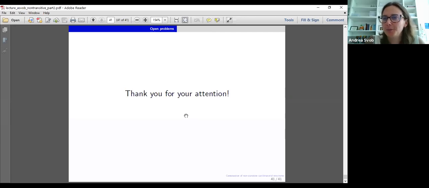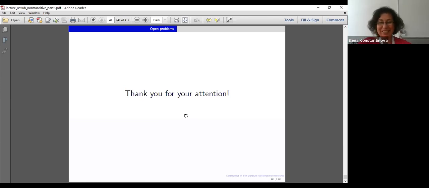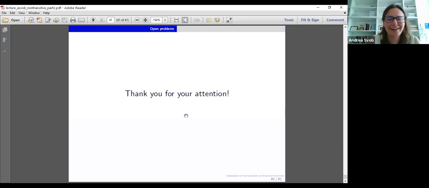Since these graphs are a generalization of strongly regular graphs, maybe there are some structures that can be generalized and connected with these graphs. But at this moment, I don't know. It would be interesting, because these graphs are nice structures.